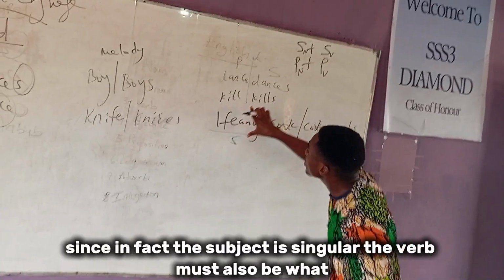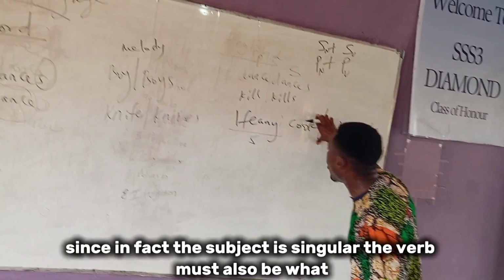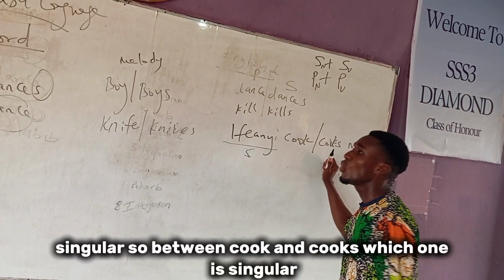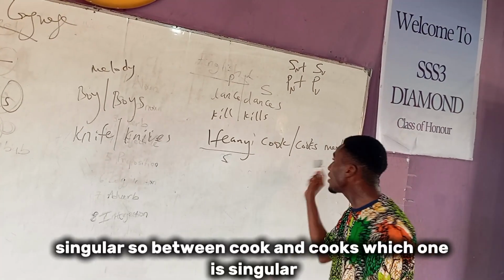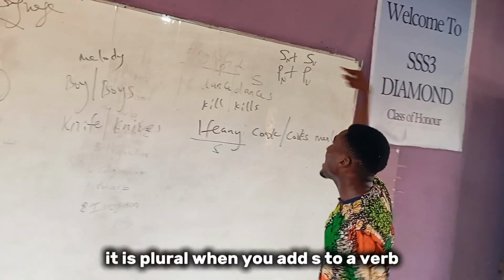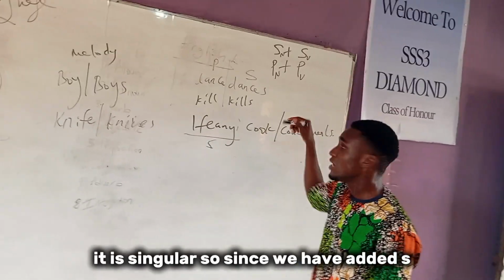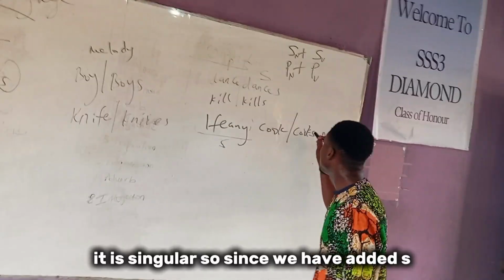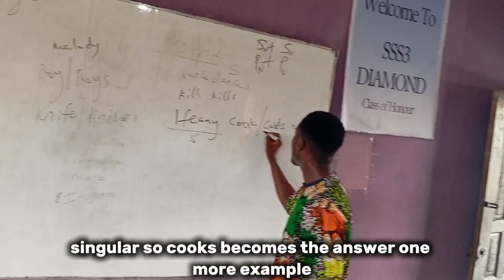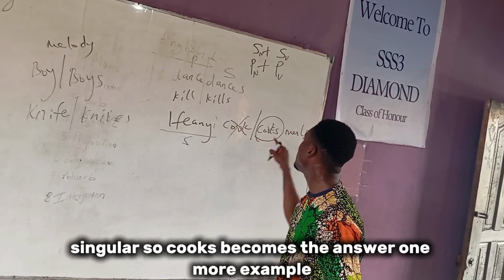Now, since the subject is singular, the verb must also be what? Singular. So between cook and cooks, which one is singular? Remember that we said when you add s to a noun, it is plural. When you add s to a verb, it is singular. So since this one is a verb, you need to add s to the verb to make it what? Singular. So cooks becomes the answer.